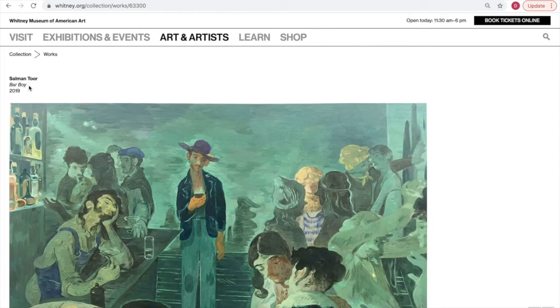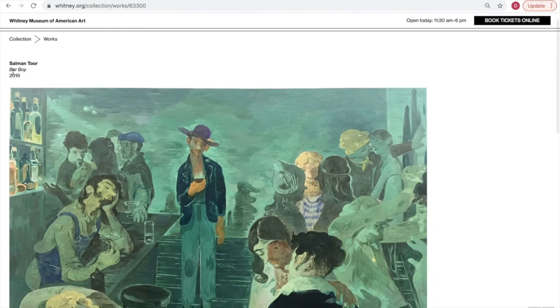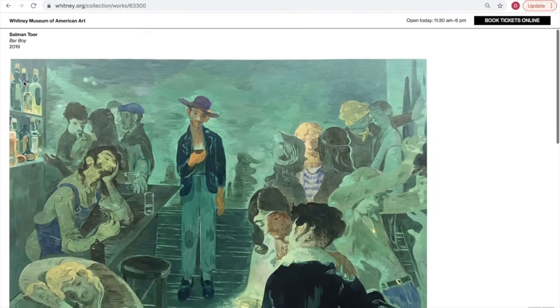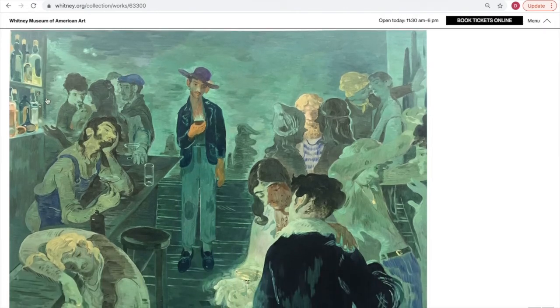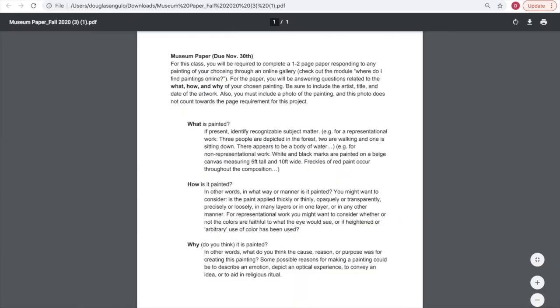It's called Bar Boy. It was made in 2019. So if I were to write about this, I would first state the name of the artist, the title of the painting, and the date it was made. And then I would include a photograph of the painting. Once those things are done, in my paper, I would then answer these 3 questions.